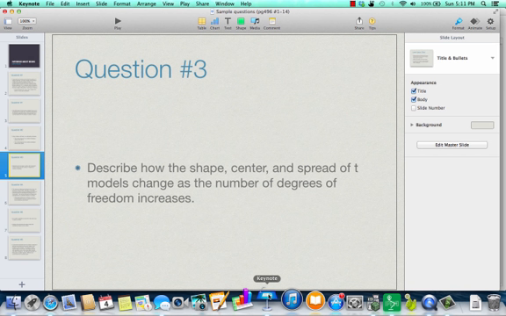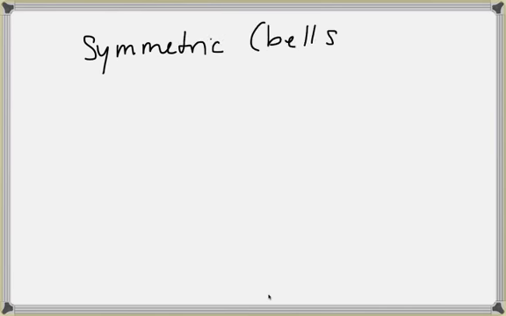So I think it would be pretty safe to say, as our degrees of freedom increases, lots of things are going to get better concerning our T model. So I think it would be safe to say on this, our T model is going to become more symmetric, and then that means it's going to be bell-shaped. I think our center is going to be 0.